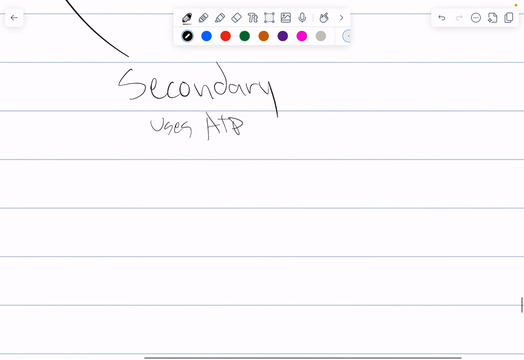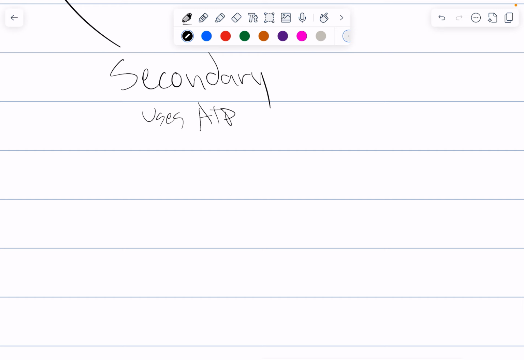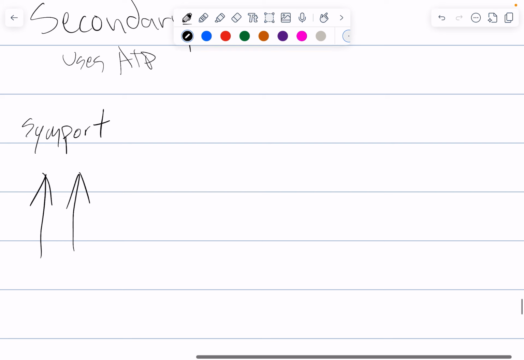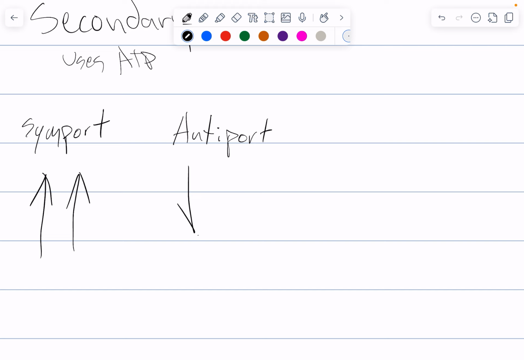And then secondary active transport, there are two types. There is a symport, which has both moving together in the same direction, and then you have an antiport, which moves them in opposite directions.